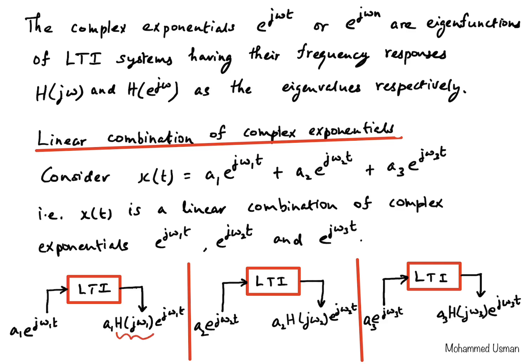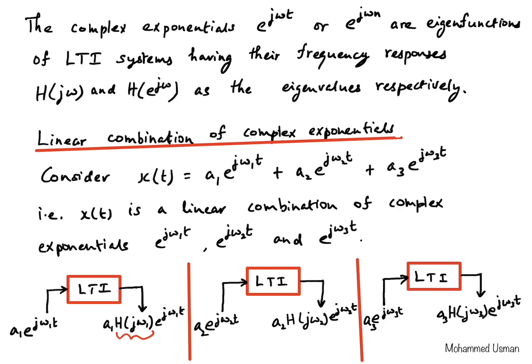So this is the property of the eigenfunction: when applied to an LTI system, the output is the same as the input with the scaling factor of H of j omega 1, which is called the eigenvalue.